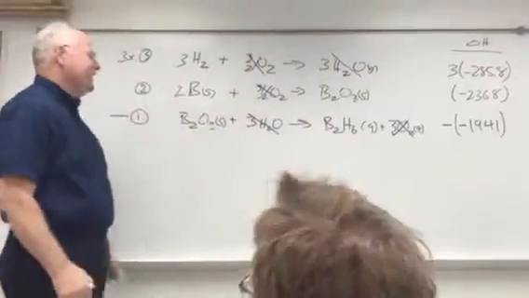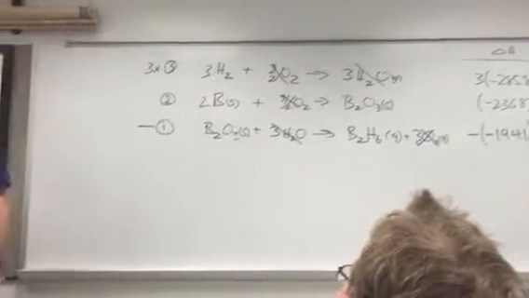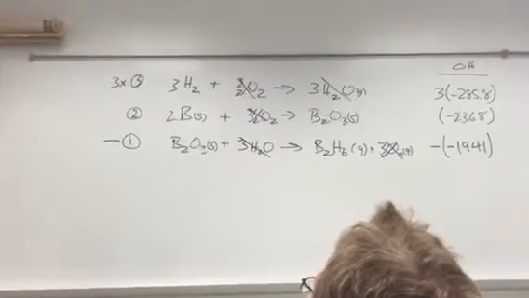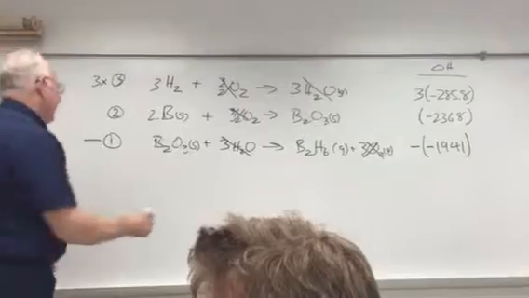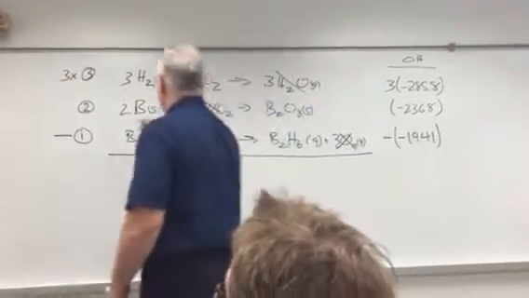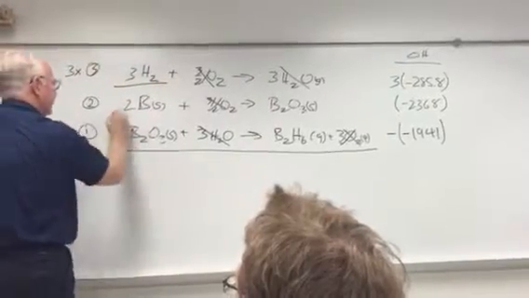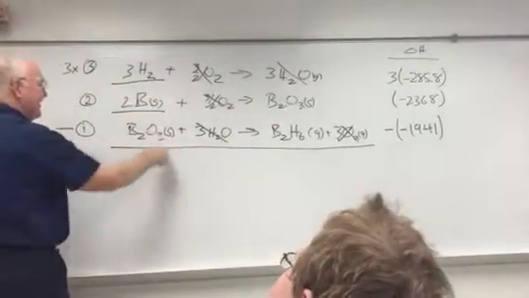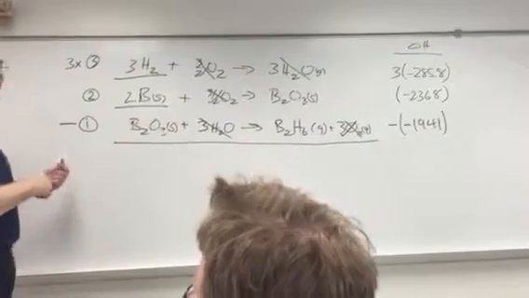Notice I'm using different colors and different symbols for canceling out so you can see what cancels. And what do we have left? 3 hydrogen plus 2 boron, nothing else on the reactant side.